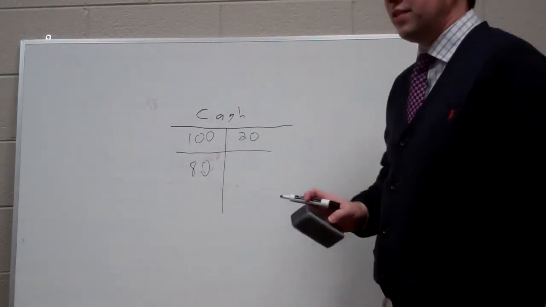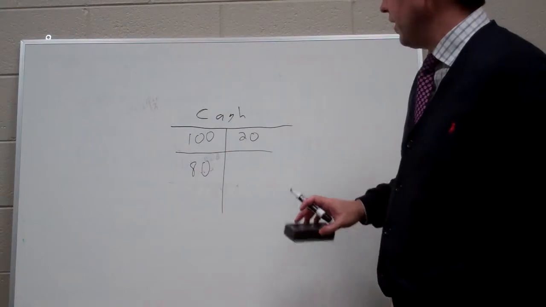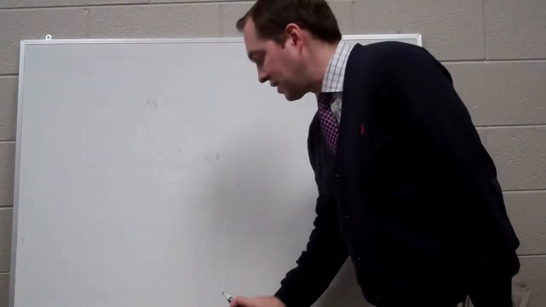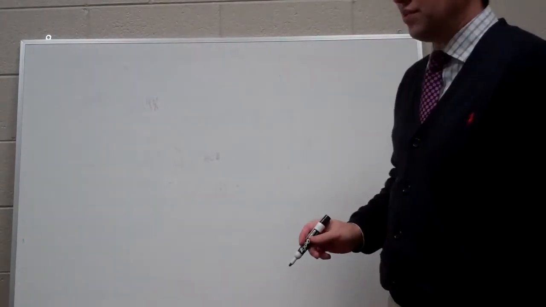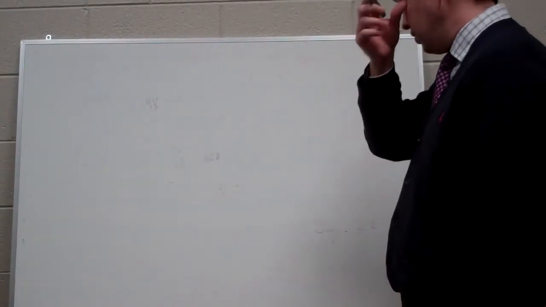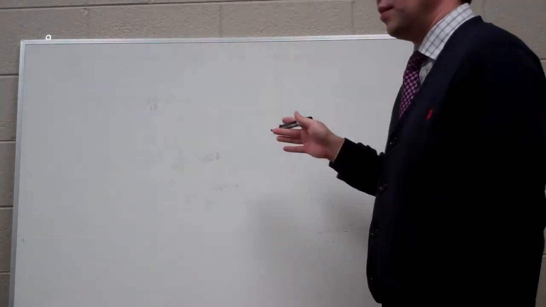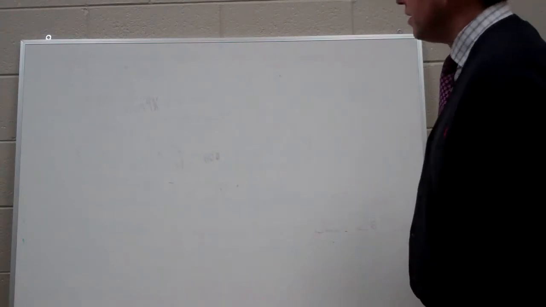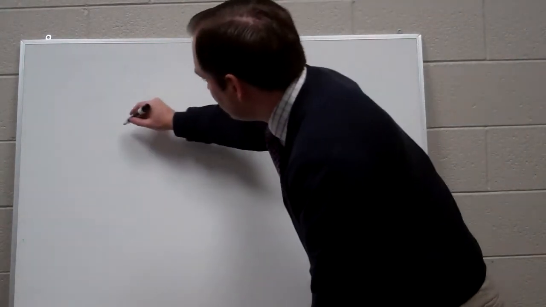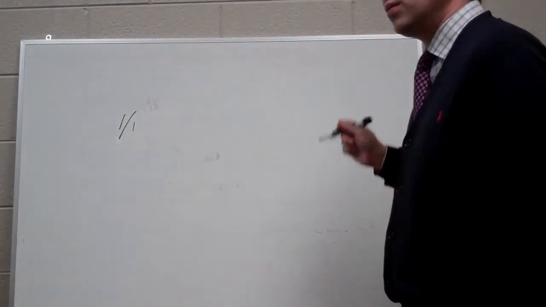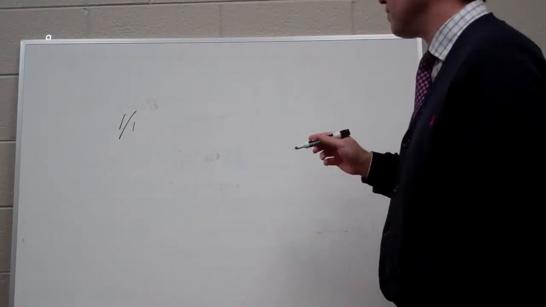The T account is a nice way to show one particular account. But we've also talked about recording transactions. And we record transactions with journal entries. With the journal entry, we're going to record our debit and the amount, and then we're going to indent and record our credit. So, let's say on January 1st, we received cash from a customer.